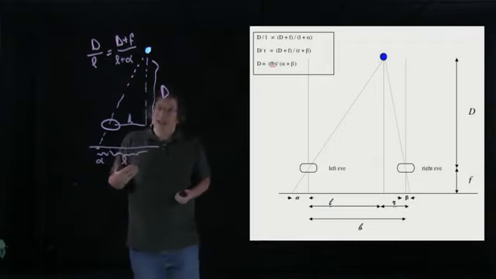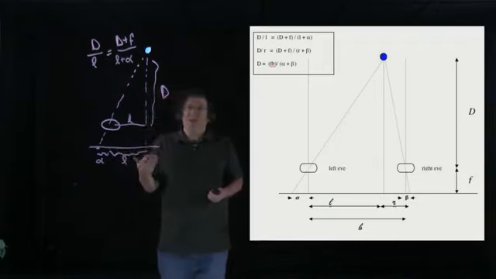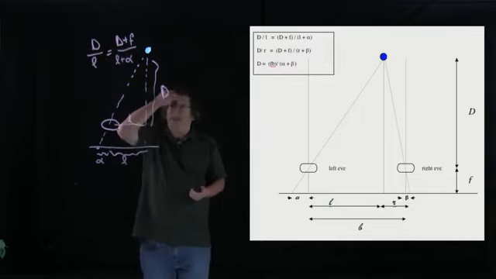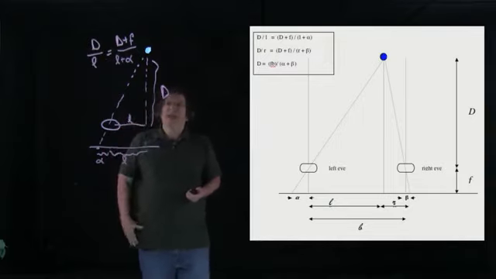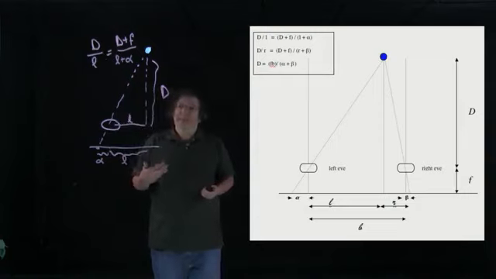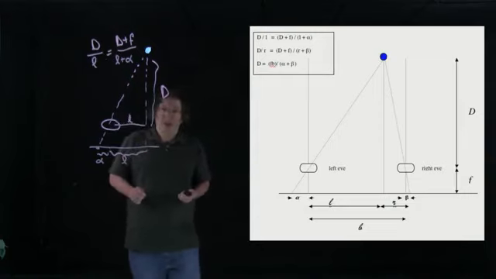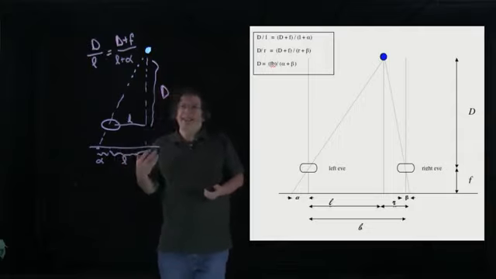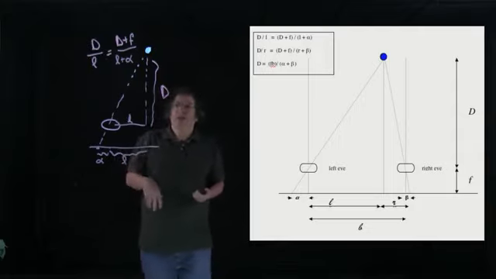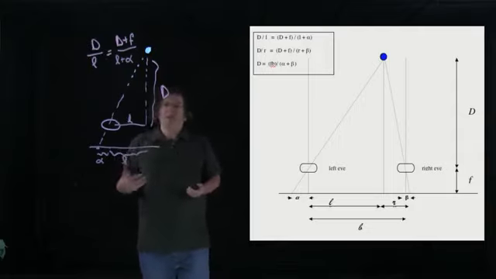I'll let you do the algebra to manipulate those first two equations, and what you can derive from them is an equation for D. The equation for D is that third equation written on the graph here. D is equal to F times B over the sum alpha plus beta.